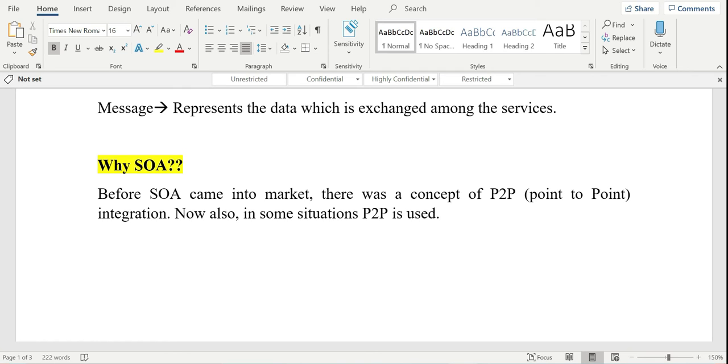But in cases where we have multiple targets or multiple sources, point-to-point integration becomes very, very difficult for the organization to manage.